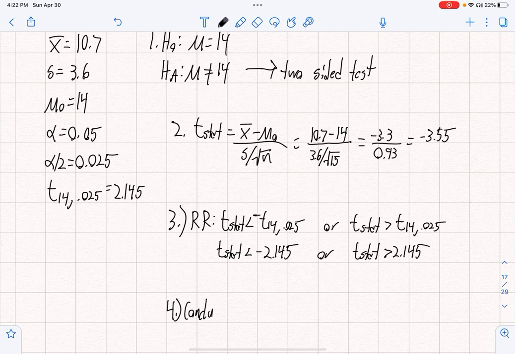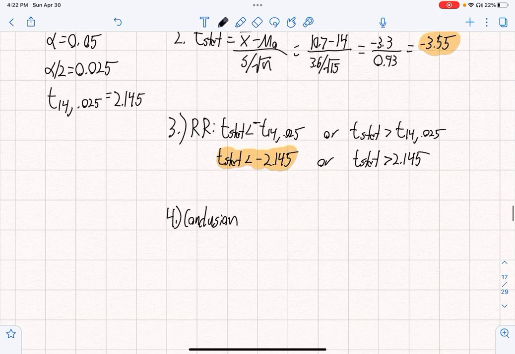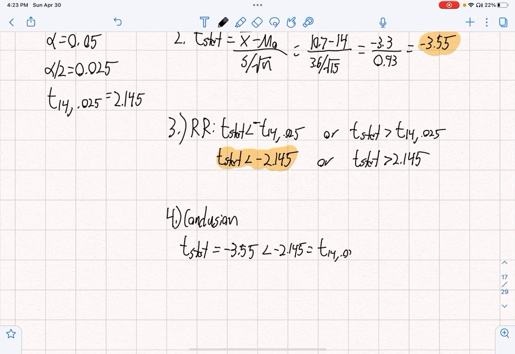Okay, conclusion. Negative 3.55 is our t-stat. Is negative 3.55 less than negative 2.145? Yes. So that means it is in our rejection region. So t-stat, which is equal to negative 3.55, is less than negative 2.145, which is our t with 14, 0.025.